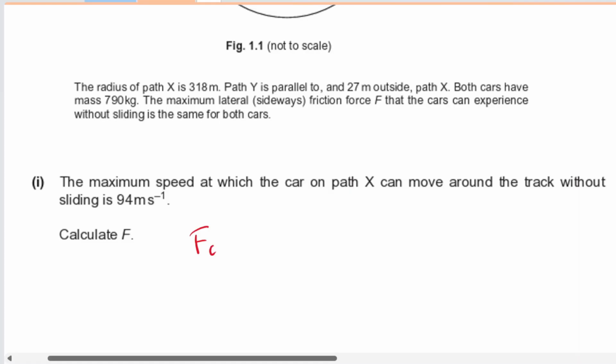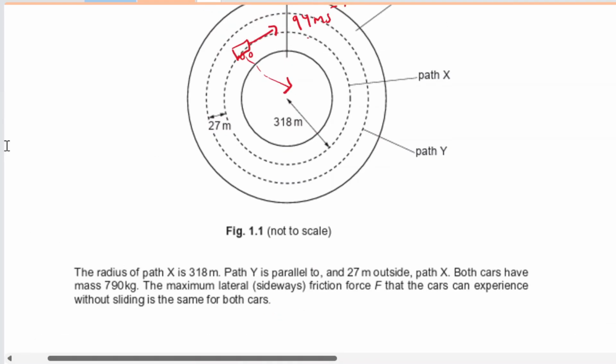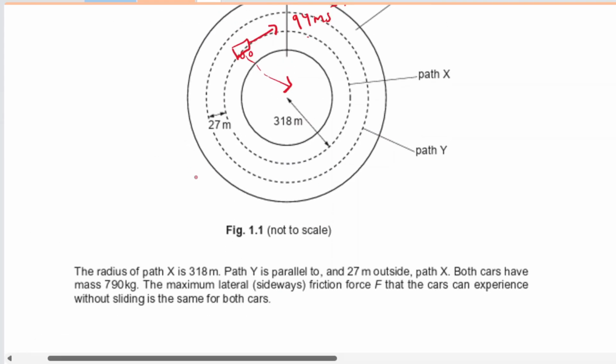Centripetal force is equal to mv squared over r. And by the way, just one note: what provides the centripetal force here? It's actually the friction force, which is giving the centripetal force.